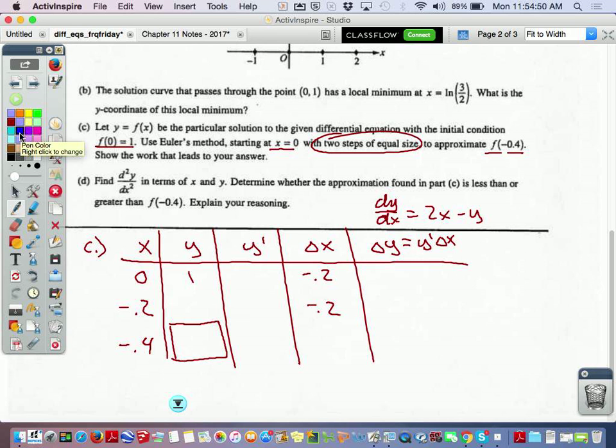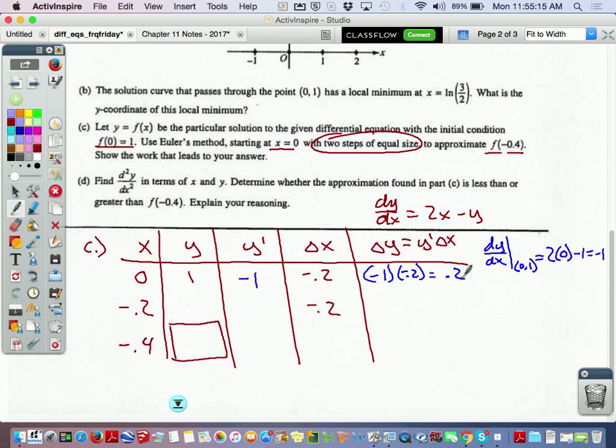Now we'll start filling in the table. At the point 0, 1, dy dx at 0, 1, I get 2 times 0 minus 1, which gives me negative 1. My first y prime is negative 1. I multiply negative 1 times negative 0.2, and we get positive 0.2.